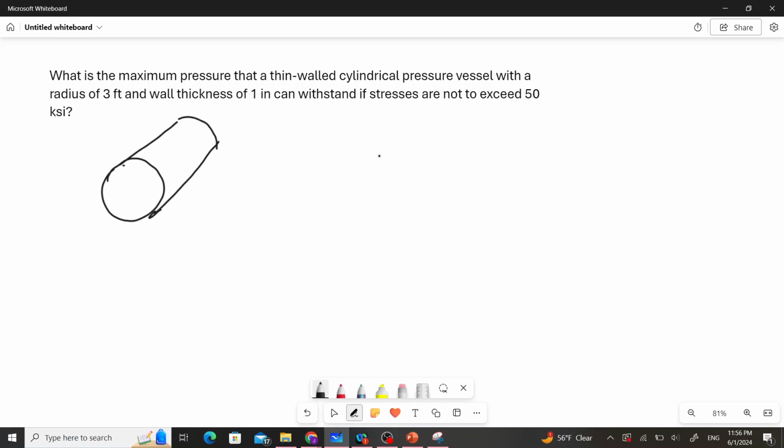So we'll remember that there are two types of stresses in these thin-walled cylindrical pressure vessels. There's the hoop stress. Let's define those.